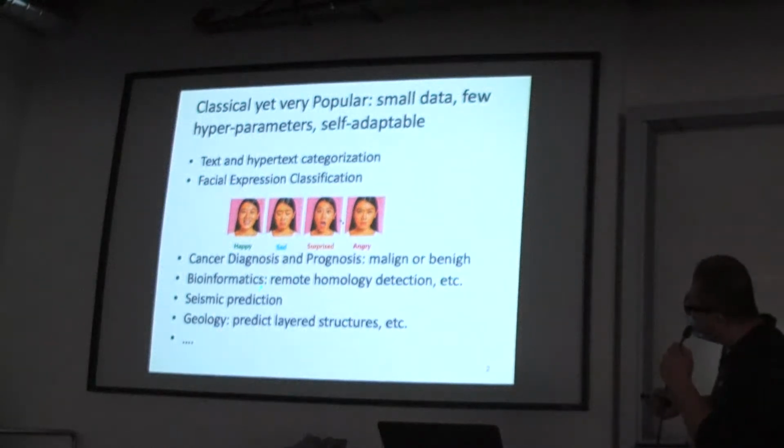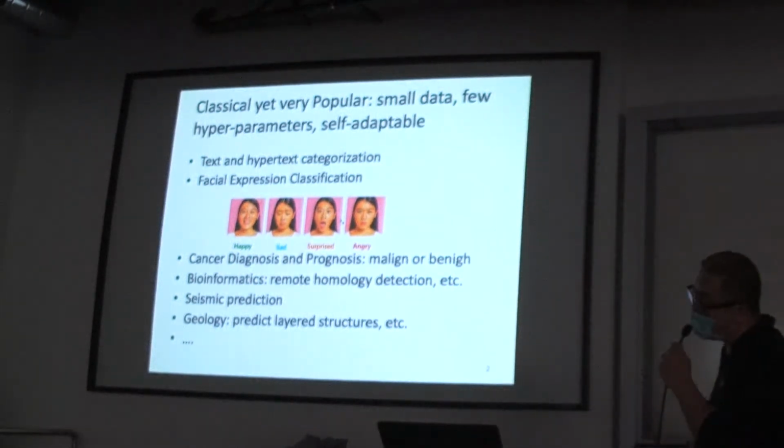And bioinformatics: how do you predict drugs or remote homology, and how do you detect them? This is very important to know the hierarchy or classification of different species. And seismic prediction, as I just mentioned before: how do you predict the time of seismic occurrence?